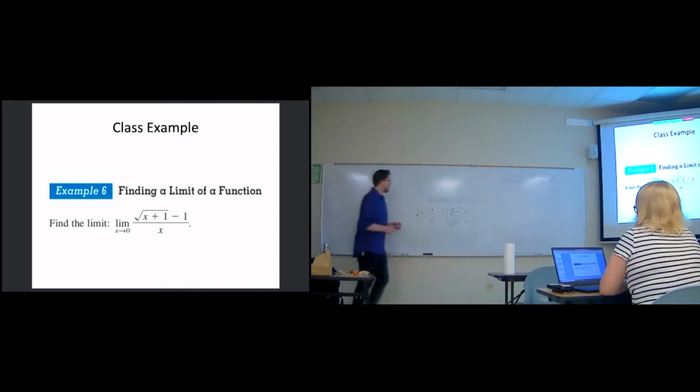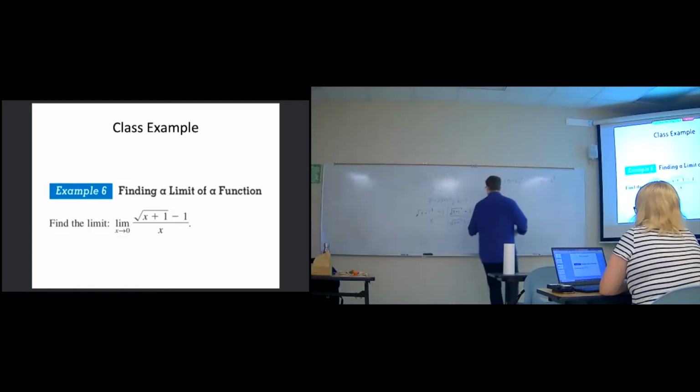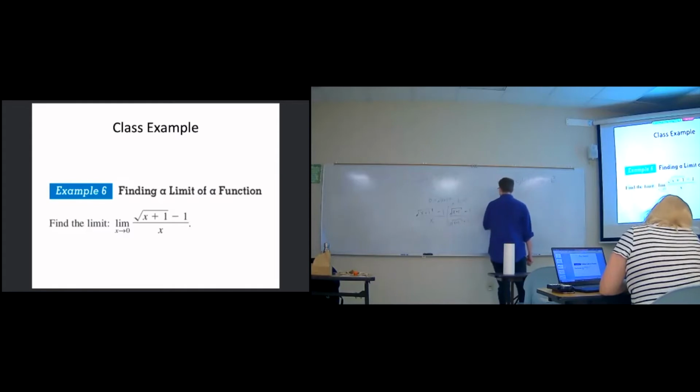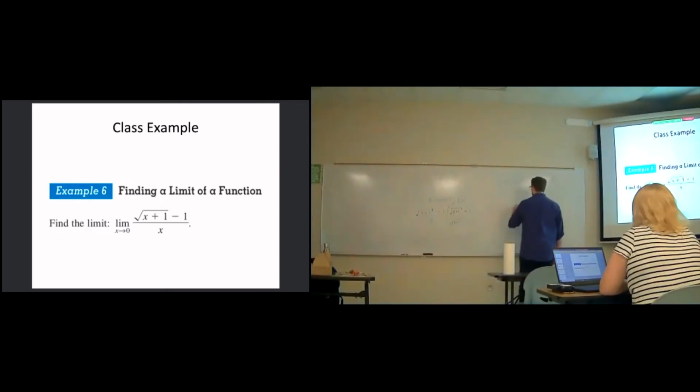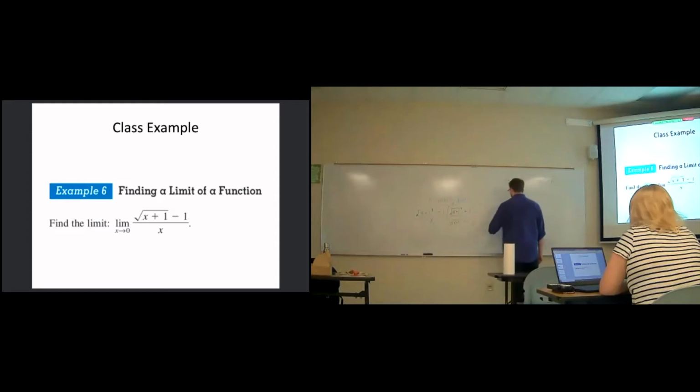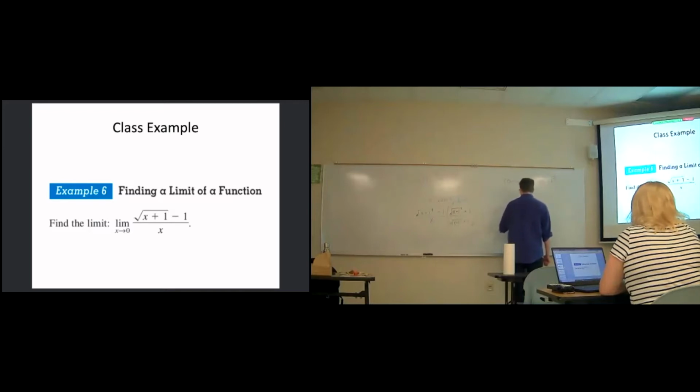So now when we do this, we're going to have the square root of x plus 1, that quantity squared, minus 1 squared, divided by x times the square root of x plus 1 plus 1.